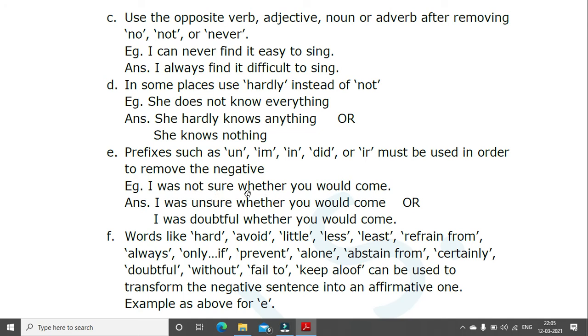The opposite of sure is unsure. Or you can also write, I was doubtful whether you would come. If you are not sure, it means you have a doubt. Correct? So that's why I've given you both the answers, so you don't get confused about which is the answer. You can write it in both ways.